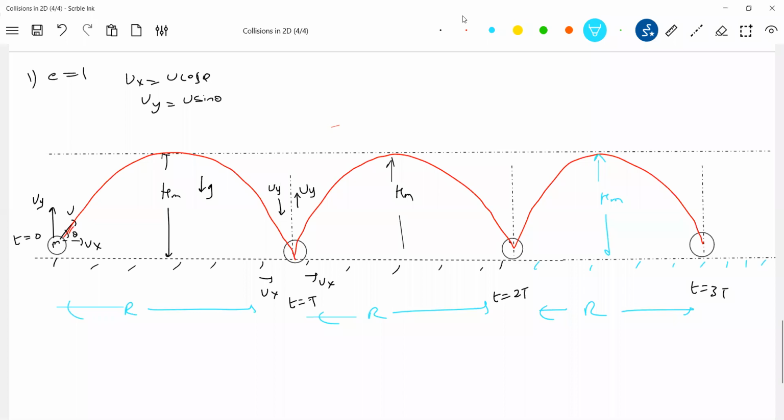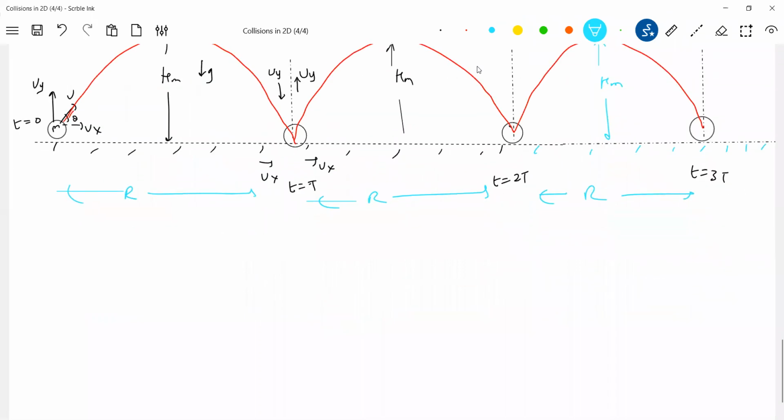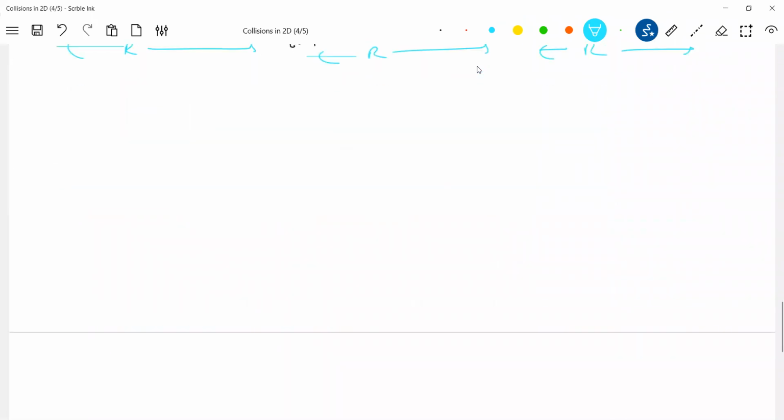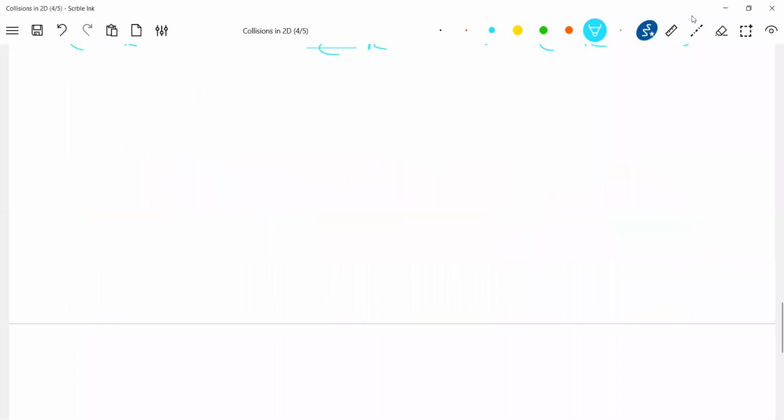E between 0 and 1, the same condition. So the first and second case, E between 0 and 1.